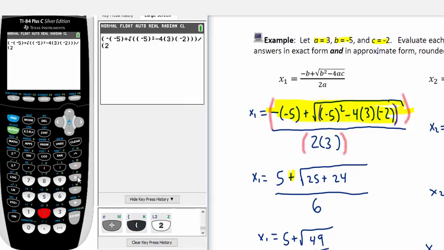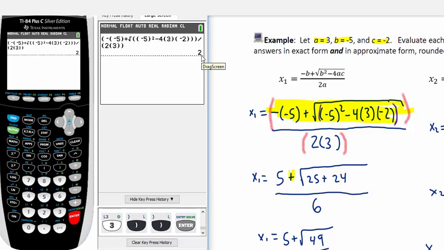You can either multiply by 3, eliminating the need for these parentheses here and here, or you can just put the 3 in parentheses, and don't forget to put this right parenthesis to end your denominator. Now I press Enter to see that I get the answer of 2, like I did by hand.